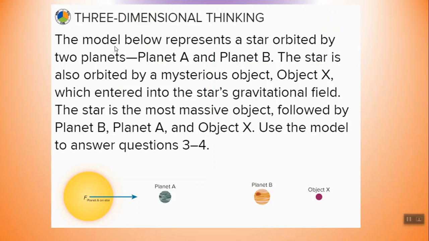The model below represents a star orbited by two planets, planet A and planet B. The star is also orbited by the mysterious object X, which is entered into the star's gravitational field. The star is the most massive object, followed by planet A, planet B, and object X. Use the model to answer questions 3 and 4.